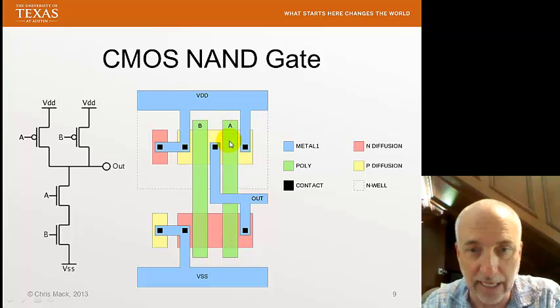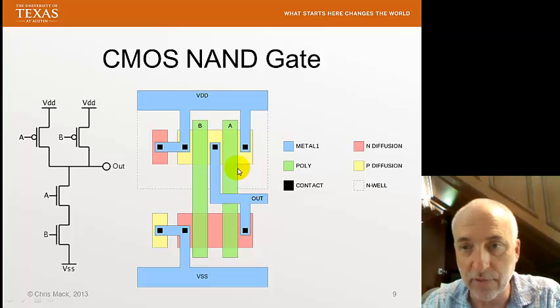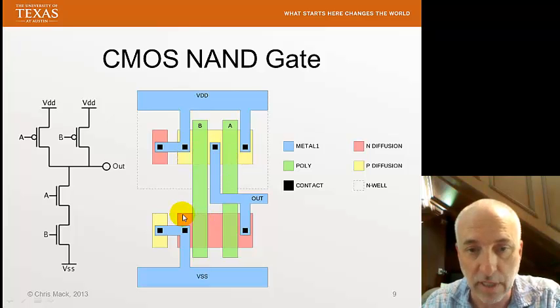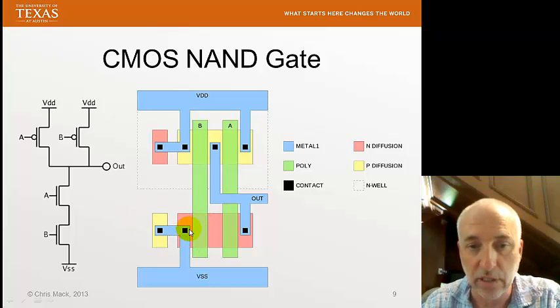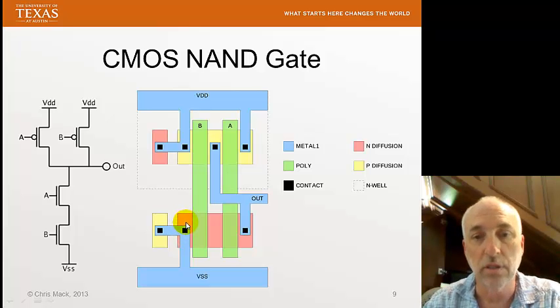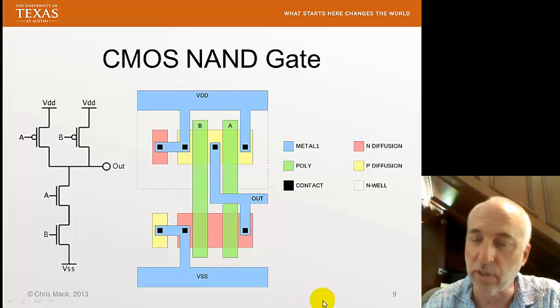And you can see the gate of this transistor and this transistor are connected. The yellow is the P diffusion that makes up my PMOS transistor, and here's the N diffusion that makes up my NMOS transistor. Contacts allow me to make electrical contacts to the various components.